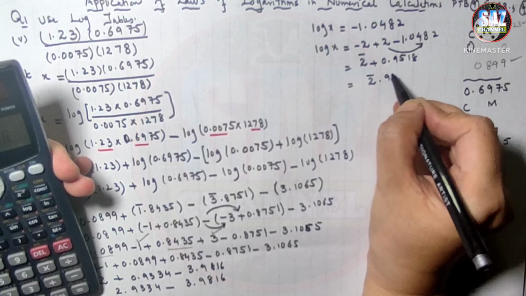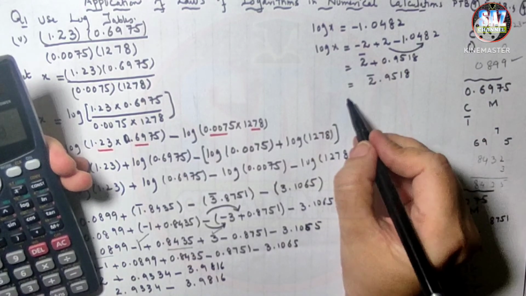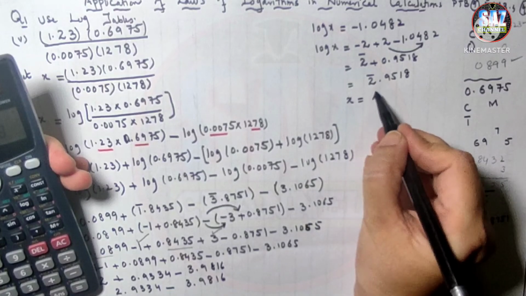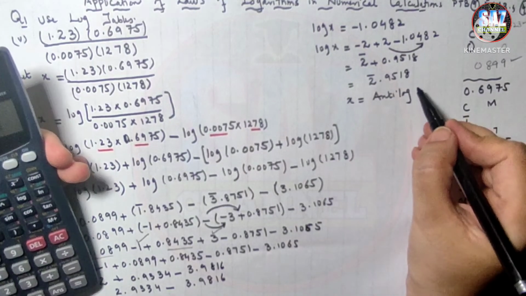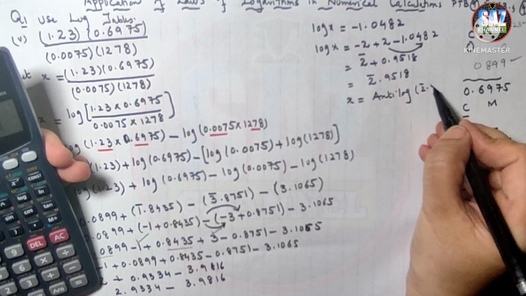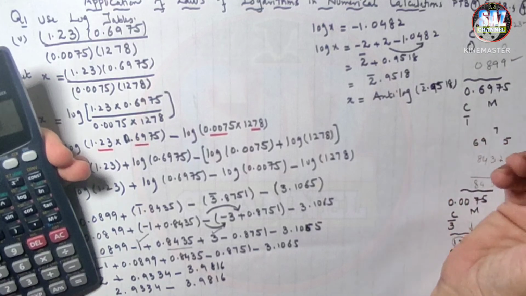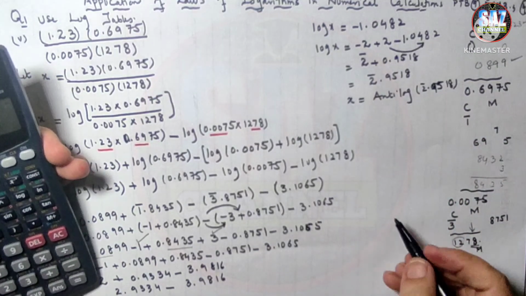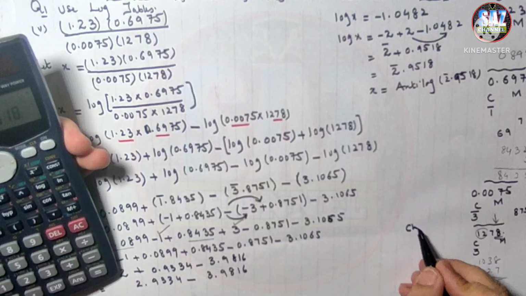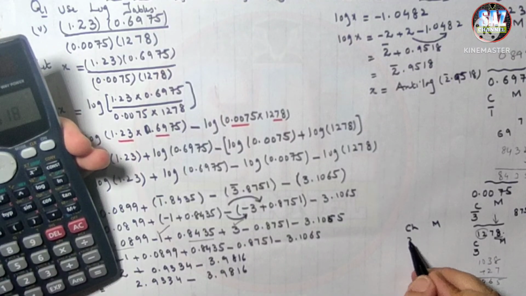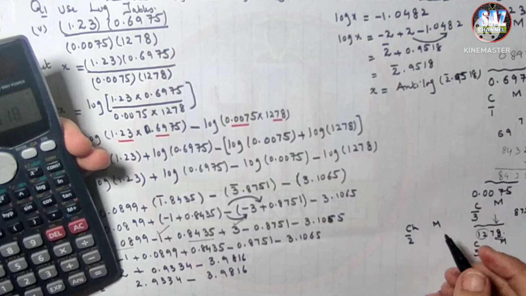Now I need to get the number, so for that purpose I will be writing antilog of 2 bar 0.9518. Now let me do some working here. That characteristic and Mantissa, characteristic is 2 negative and Mantissa is 0.9518.